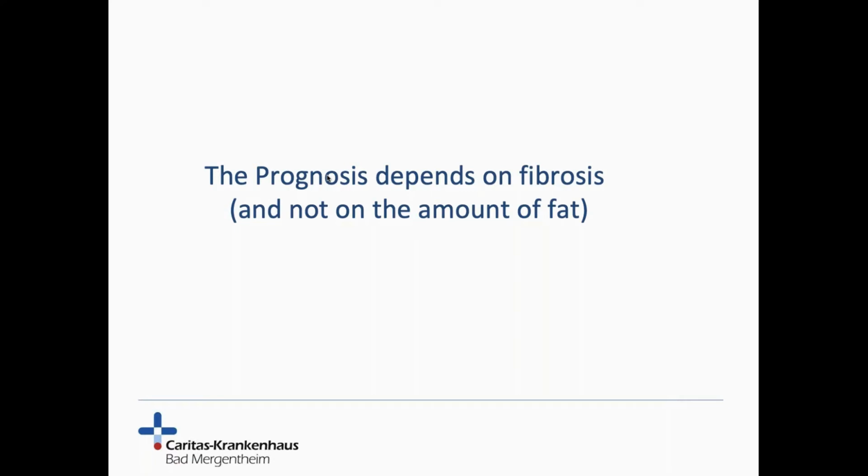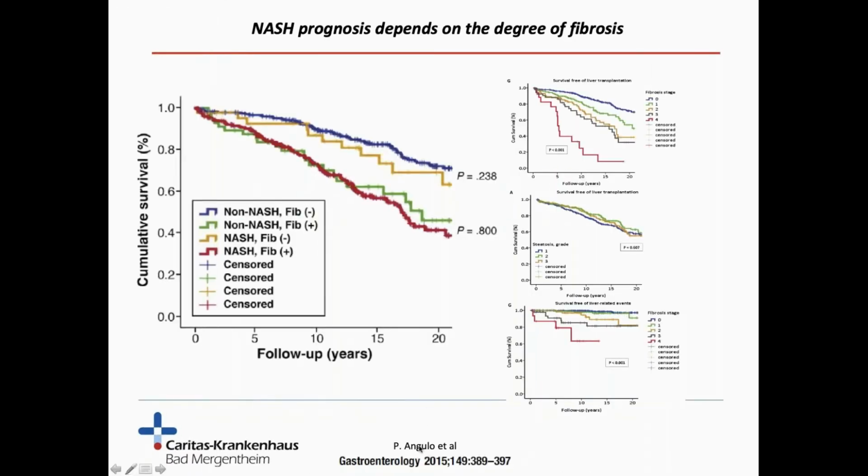Most importantly, as we might discuss later on with the clinicians, the prognosis depends on fibrosis and not on the amount of fat. This has been shown by Angulo and many others.